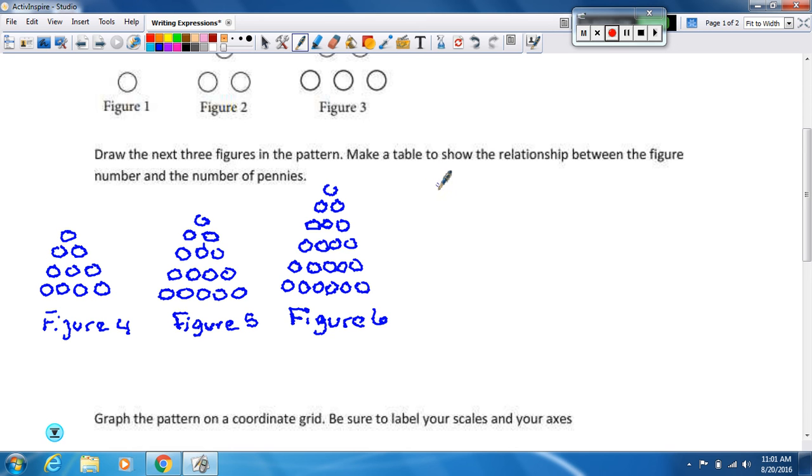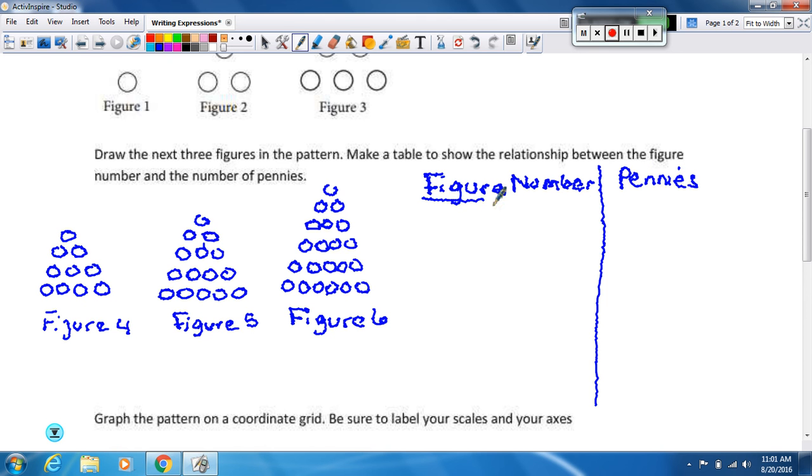Then it says make a table to show the relationship between the figure number and the number of pennies. So what you have here is you have figure number in your table. That's first. And then you have pennies. And you just count them. So figure number 1 had 1 penny.